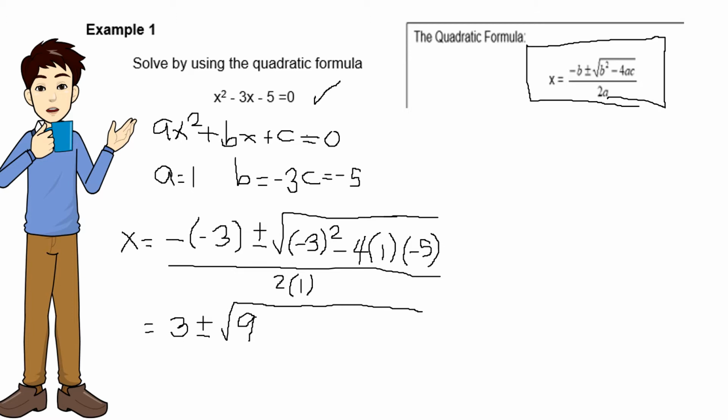Then negative 4 times 1 times negative 5, the answer is positive 20. So again, negative 3 squared, 9, negative 4 times 1 times negative 5, we have negative times negative is positive 20. So all over 2 times 1, the answer is 2.